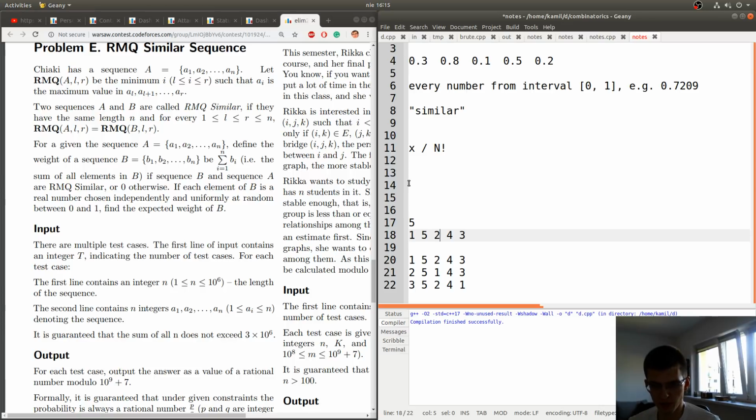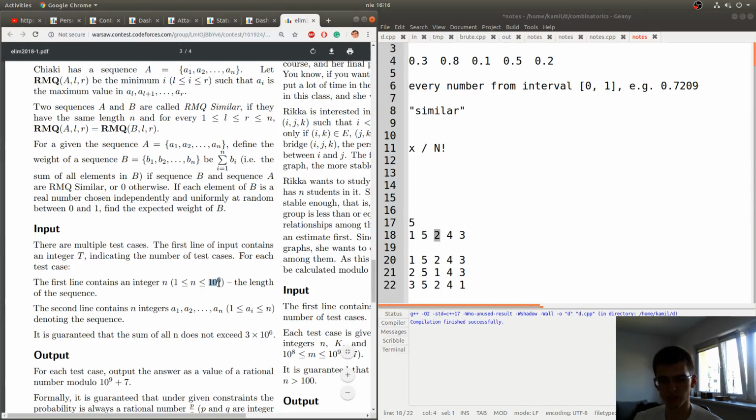One solution would be to iterate over pairs of numbers, and for each pair to check if there is a bigger number in between. But this way you can't achieve complexity faster than n squared, because in particular you must iterate over pairs of numbers.